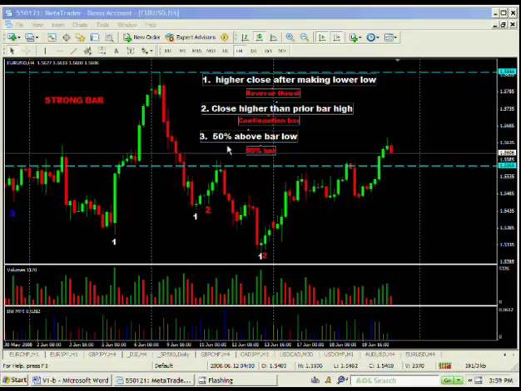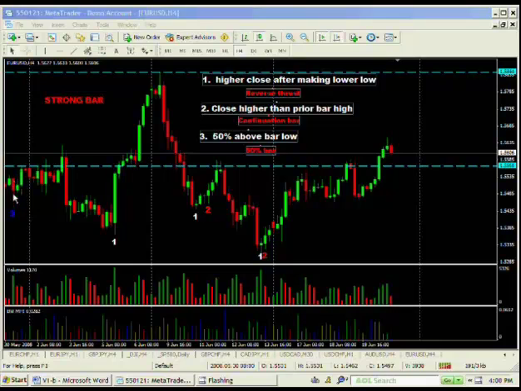Now the third type of strong bar, the 50% bar, and I only have one example here on the chart, but we'll see more of them later. When you see a bar in a given direction, for instance, this bar is down, but it didn't close 50% below the mid-range of the bar.